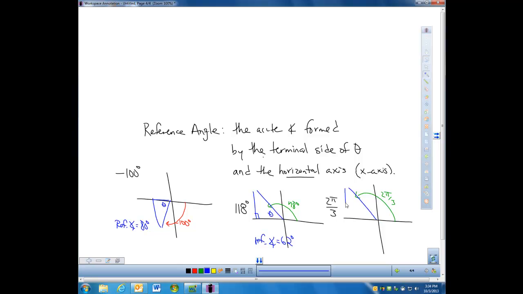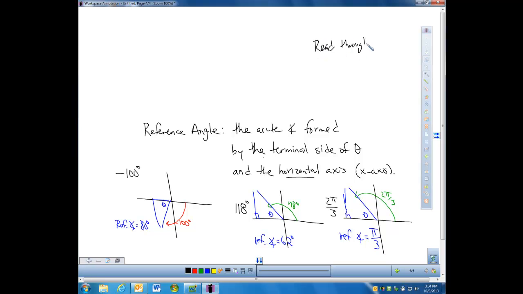So terminal side down to the x-axis and then over along the x-axis. And my reference angle for that is going to be pi over 3. How did I get that? Pi over 3 would be 1 pi, 180 degrees, minus 2 pi over 3. So reference angle. It's an important idea. We're going to use that a lot as we find all of these trig values.